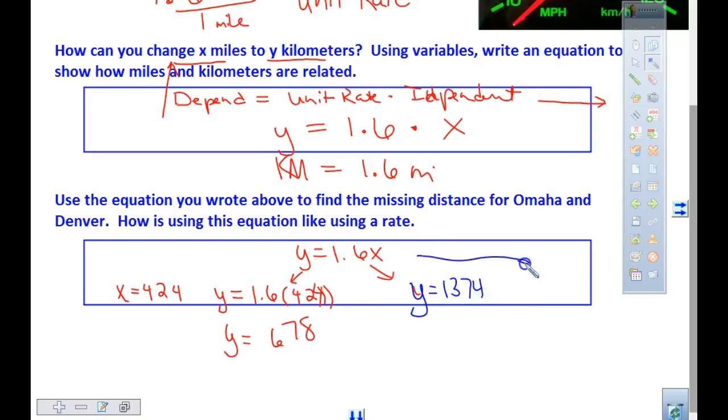So in this equation, we're going to put 1374 equals 1.6x. What am I doing this time to solve? Raise your hand. What am I doing this time? Devin. Dividing. What am I dividing by? By 1.6 on both sides of my equal sign, right? Okay? So, please do that. Take 1374 and divide it by 1.6.